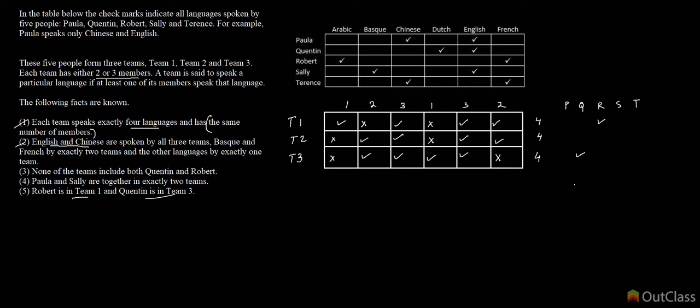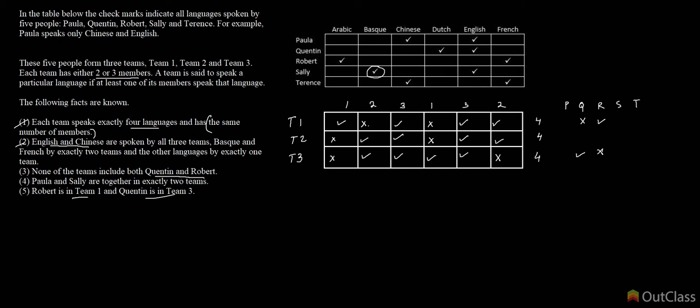Now let's look at the members. It is given that Quentin and Robert are not together in any team, so that's a cross, that's a cross. Now if Sally is present in a team, then that team should definitely be able to speak Basque. So a team that doesn't speak Basque should not contain Sally.